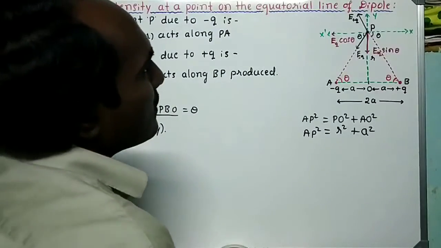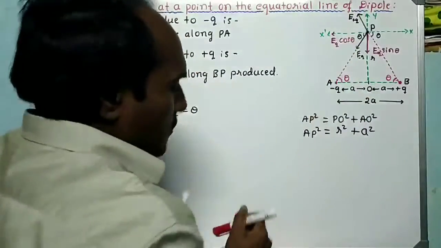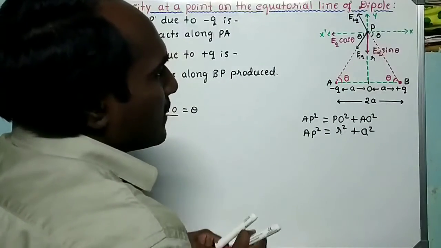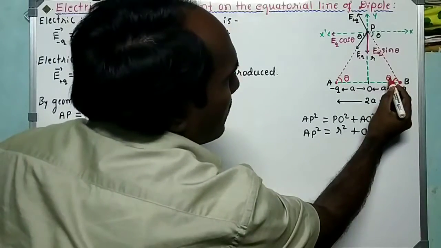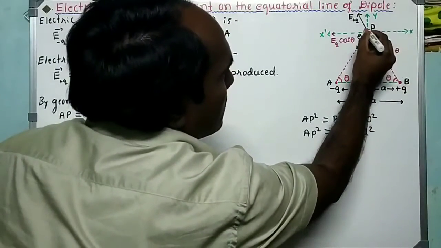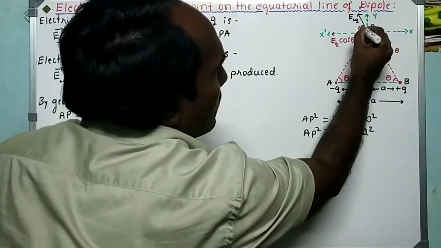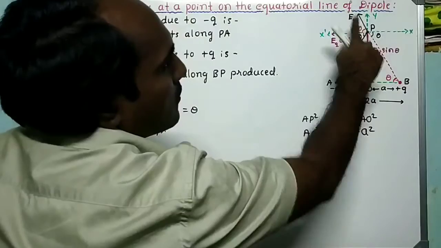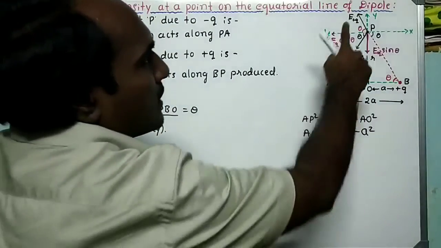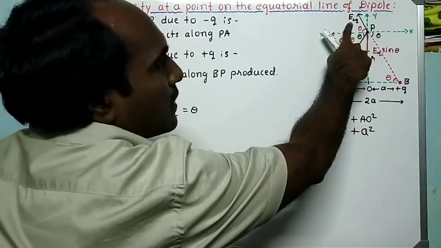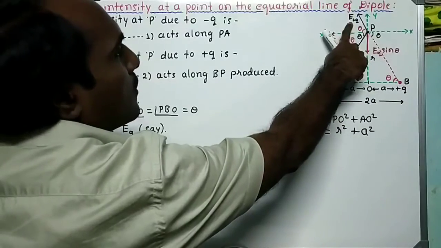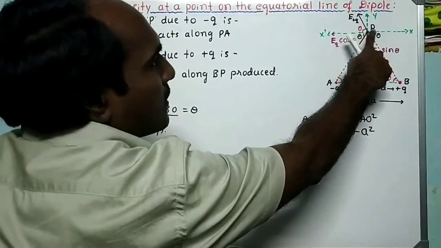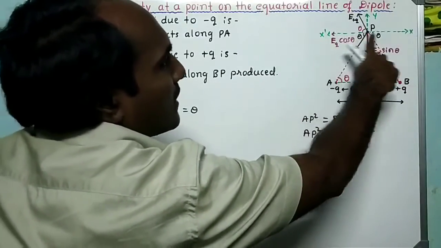Similarly, E plus Q is also making an angle theta. If this is theta, this is also theta. Here E plus Q, which is equal in magnitude, that is EQ, is also making an angle theta with the x-axis.